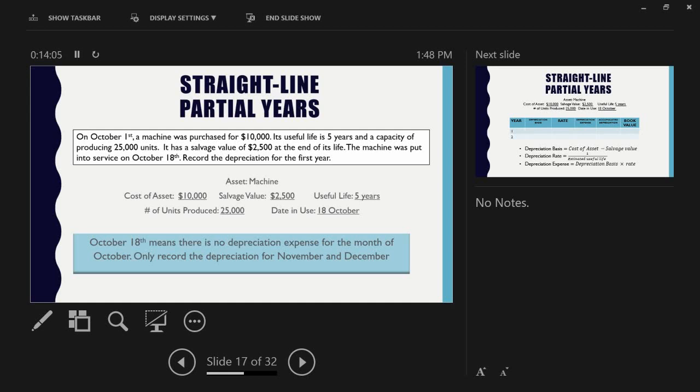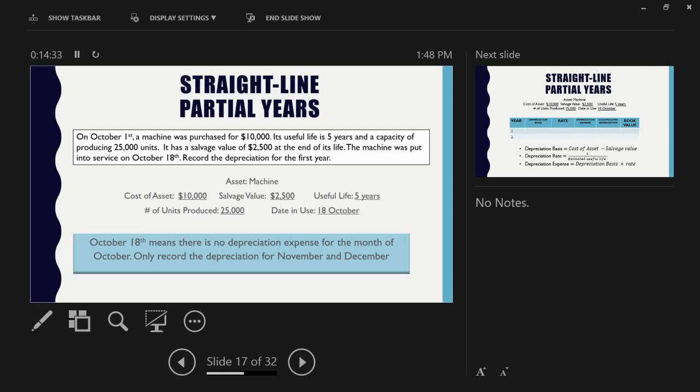Its useful life is 5 years, and it has a capacity to produce 25 units. It has a salvage value of 2,500 at the end of its life. The machine was put into service on October 18.